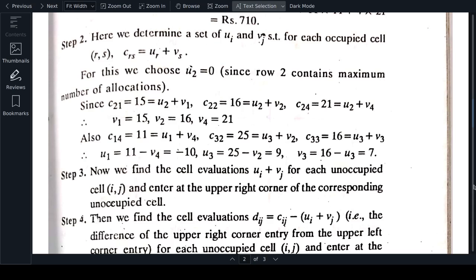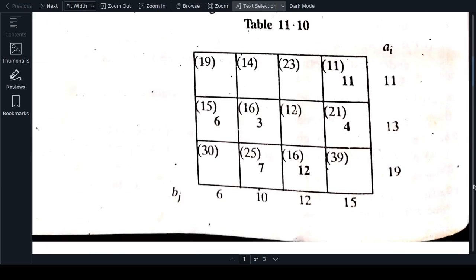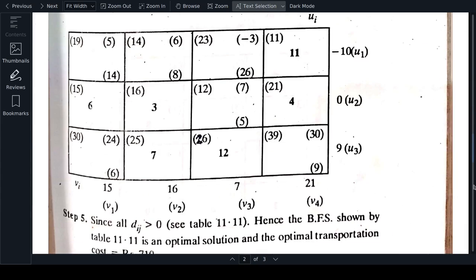Ui means you denote the first row by U1, second row U2, third row U3. Suppose another row is present in your question, then you write U4, no problem. Similarly V1, V2, V3, V4. We determine Ui and Vj from the cells, because here one kind of cell is occupied and another is unoccupied.